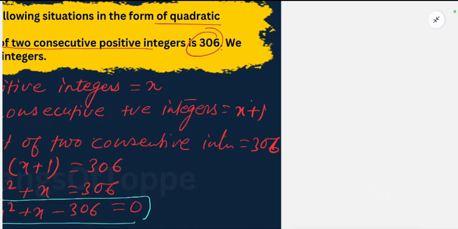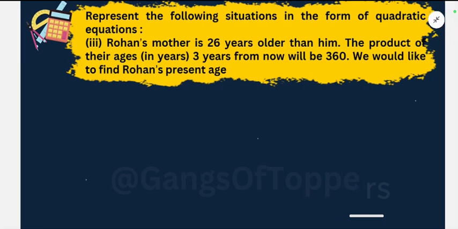Okay, let's move to the next question. The next question says Rohan's mother is 26 years older than him. So let's assume Rohan's age be x.